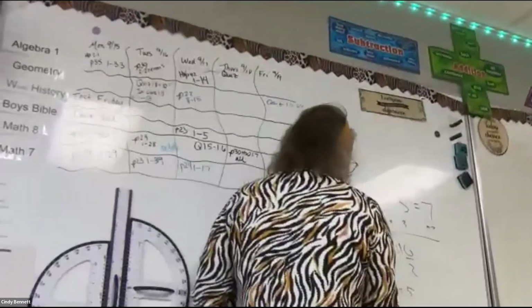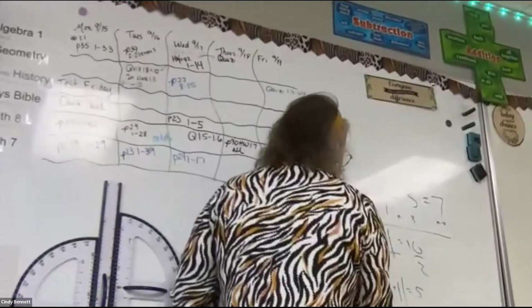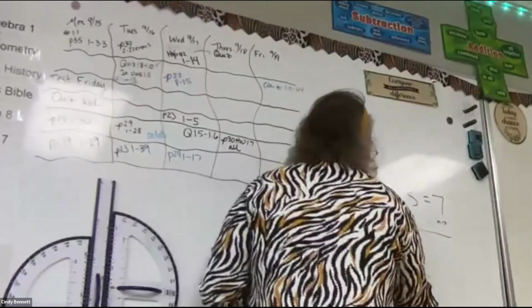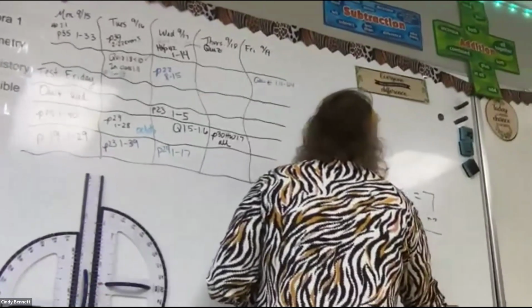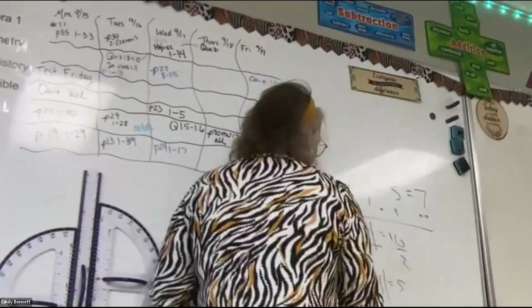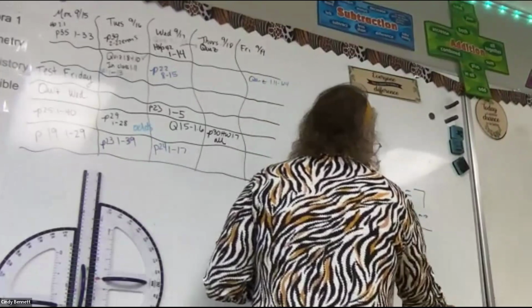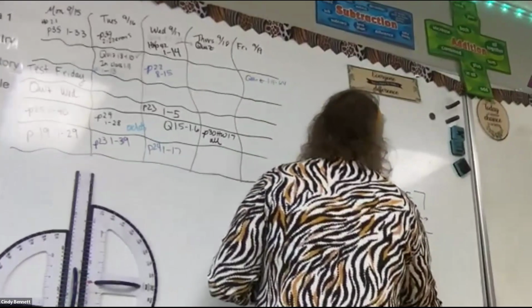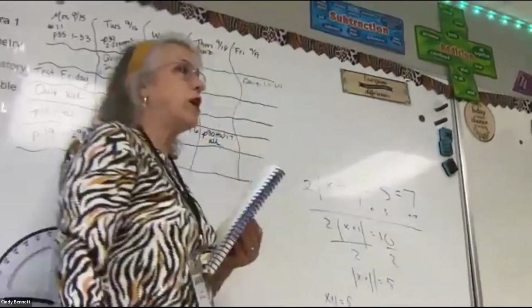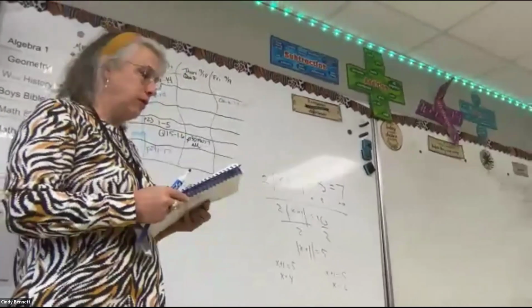So now I could say x plus 1 can equal 5, and x plus 1 can equal negative 5. So I subtract 1 from each side, I get x equals 4. Subtract 1 from each side, I get x equals negative 6. So I get two answers.